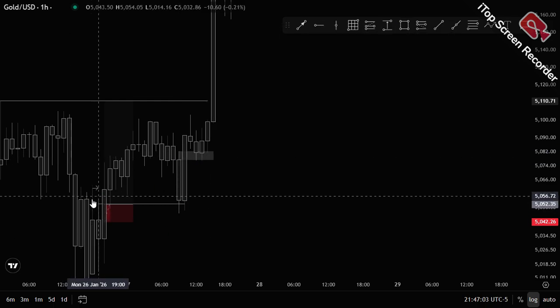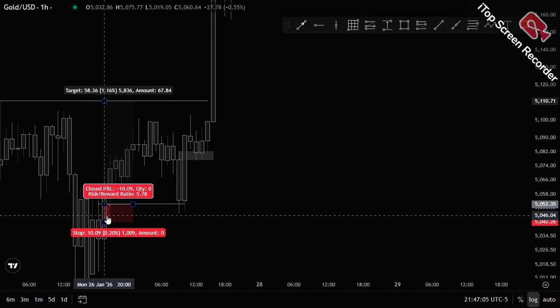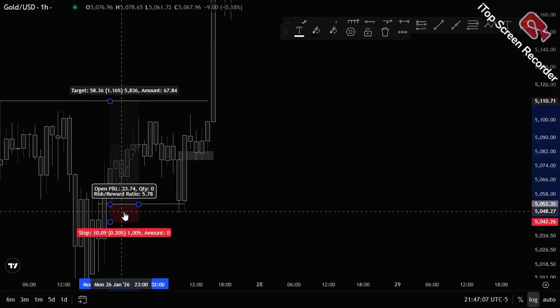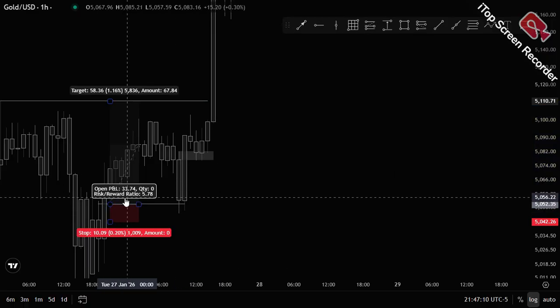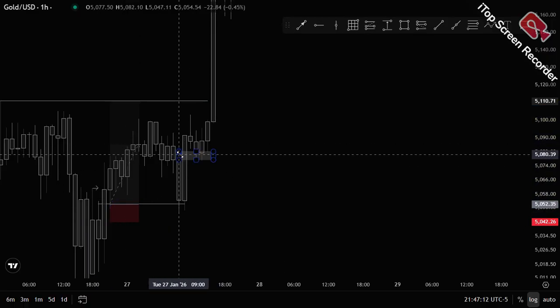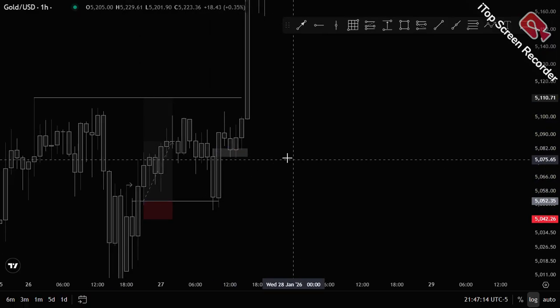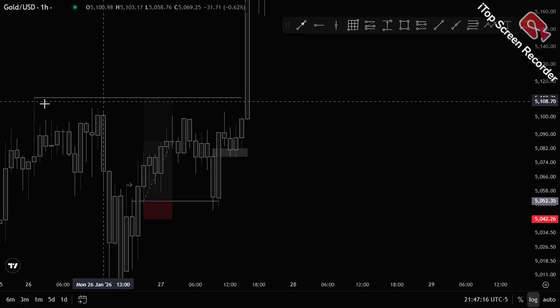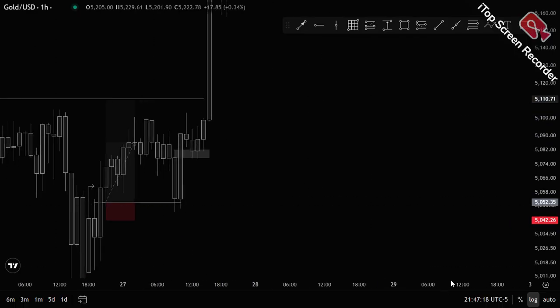Even if we are not convinced here that we are bullish, this particular 1 hour inside rejection candle will tell you that we are bullish, plus the liquidity that we have on top here.